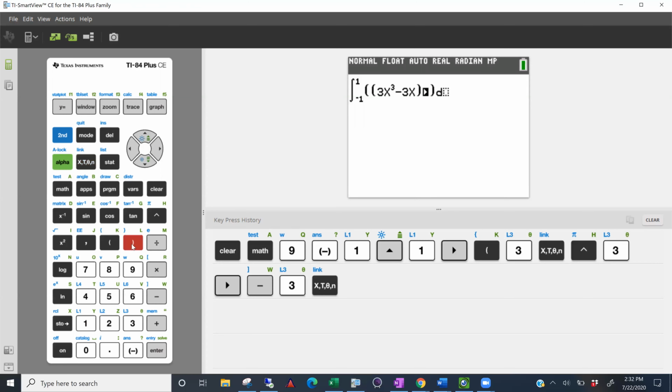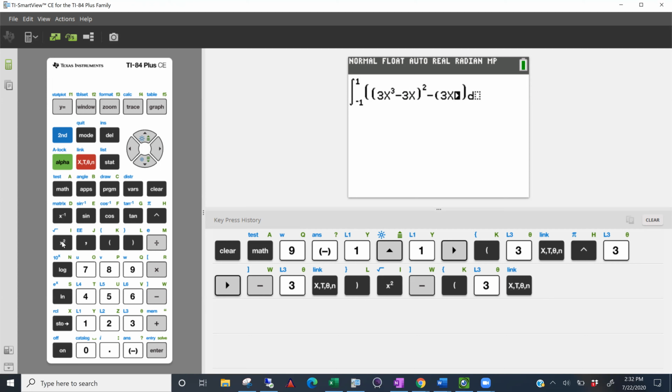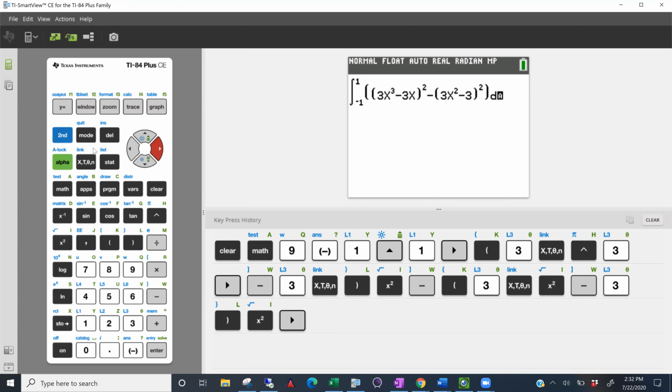And then I want to hit the squared key, minus parentheses, 3x squared. So again, I'm going to hit the squared key, which is nice because now you don't have to hit the right arrow to exit the exponent, minus 3, another right parenthesis, and then another squared, because we're squaring that, and then dx.